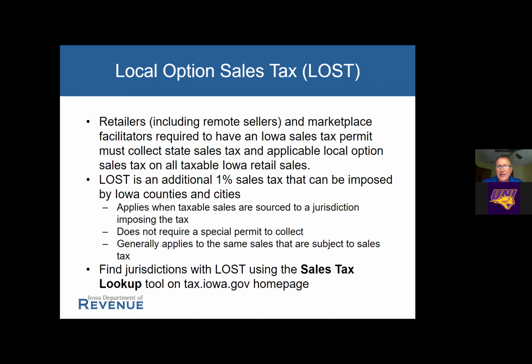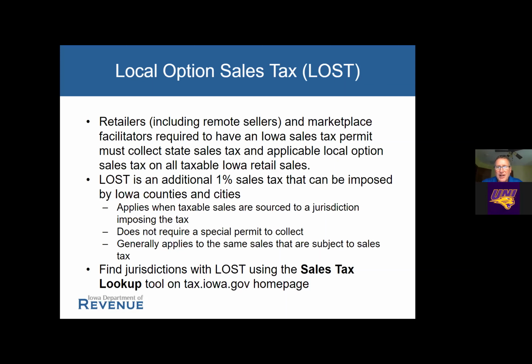When you do your filings with the department, your quarterly return or annual return, there's a schedule to fill out for local option tax. Basically, you're going to tell us where you collected that money, and it will all get remitted to the department. Once we get it, the department will make sure it gets distributed to the local jurisdictions as applicable, per our formulas for distributing those funds. Basically, it applies to the same things that are subject to the sales tax.